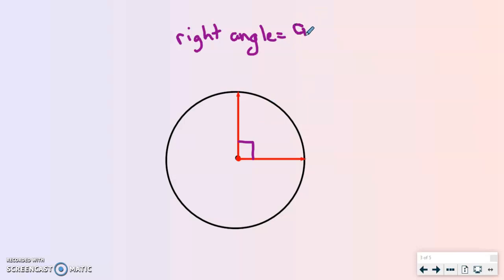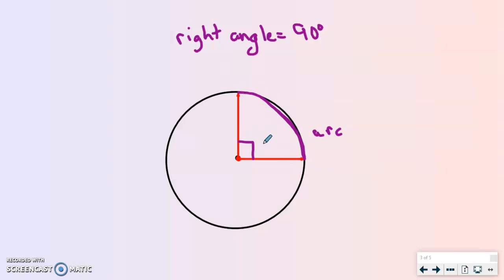Right, it measures 90 degrees. This part of the circle is the arc of the angle. It's not a real important word to learn this year, but you will definitely be seeing it in the future. So this is the arc, and this is also the measurement of the angle. All it does is represent the piece of the circle that the angle measures.